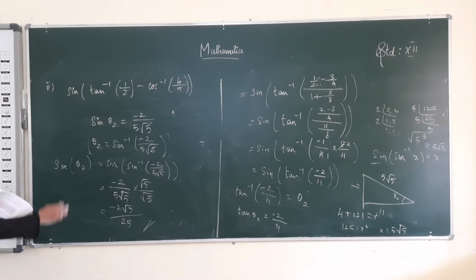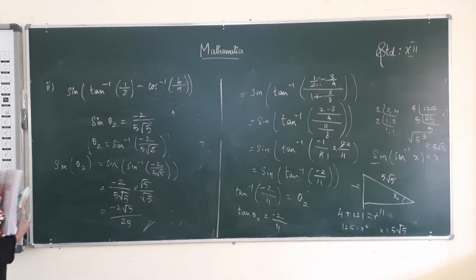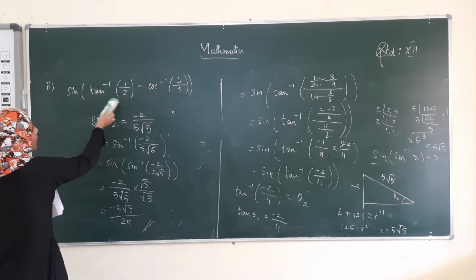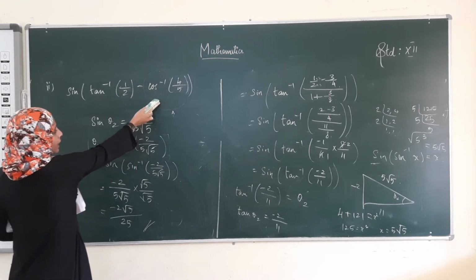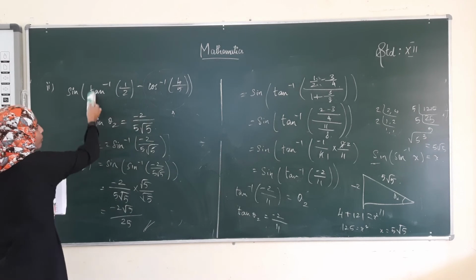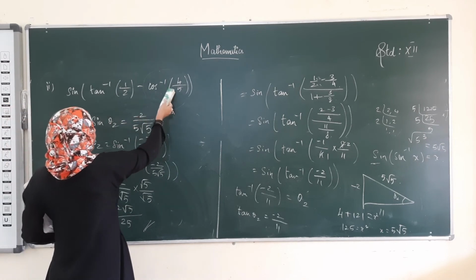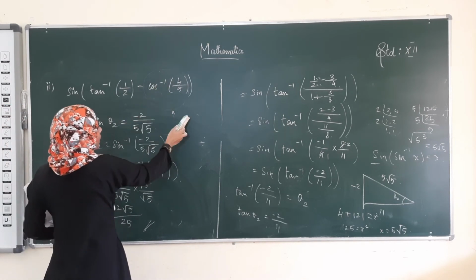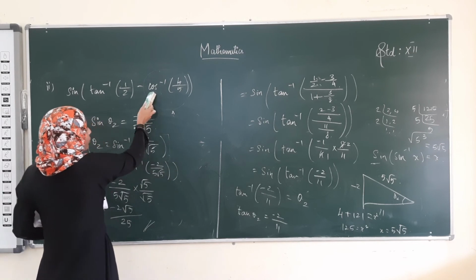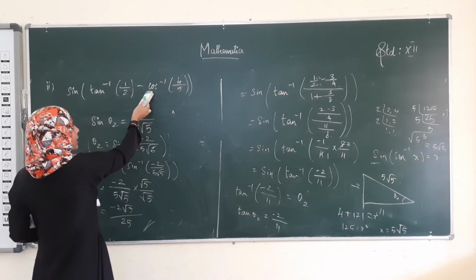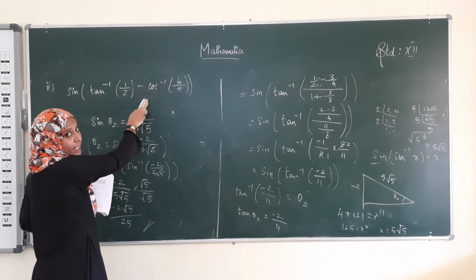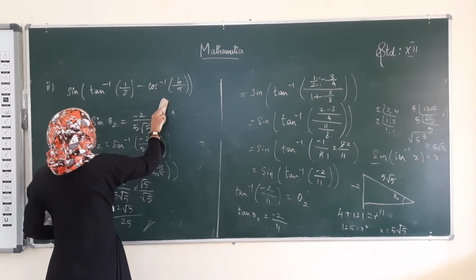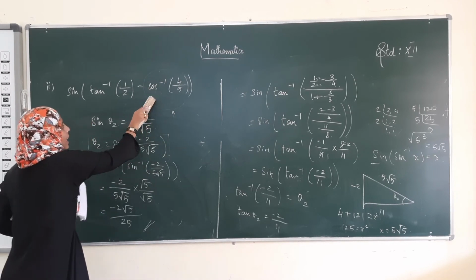Okay, so this is a big sum, but you have to concentrate. See here, instead of cos inverse, we are going to find here tan inverse, then you can use the formula. Therefore, what we are taking? We are taking this as theta 1, then draw the right angle triangle, then find the other value, then find the tan theta 1. Then here, instead of cos inverse, write it as tan inverse.